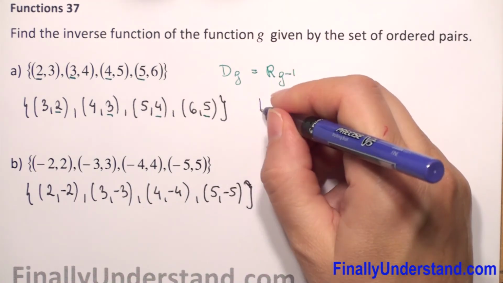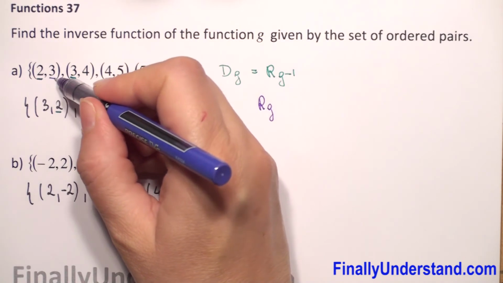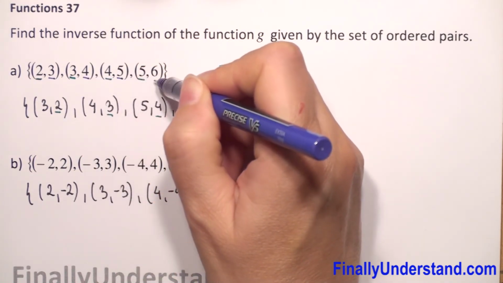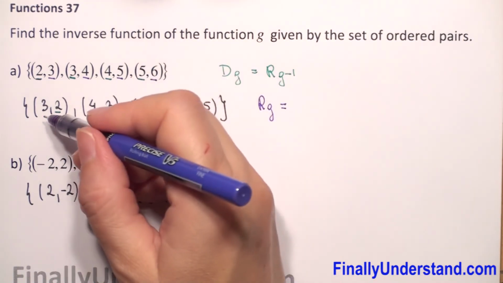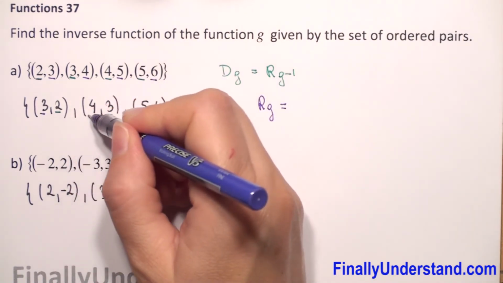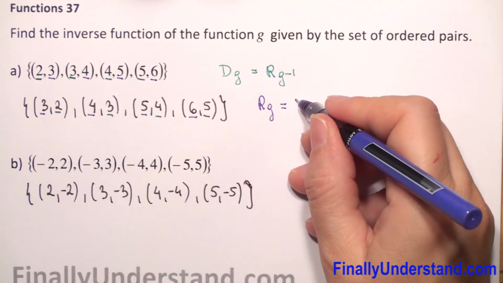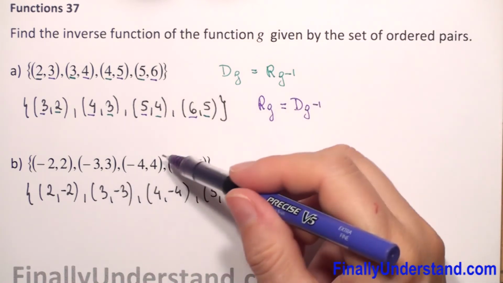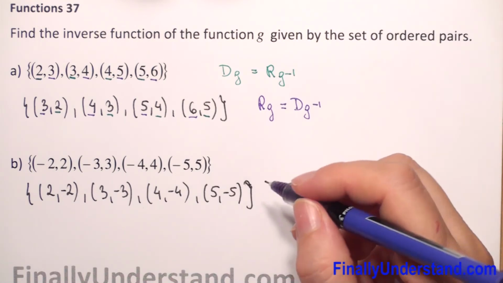The range of the g function, this is 3, 4, 5, 6, is equal to, we see, the domain of our inverse function. And the same we have for the second set of pairs.